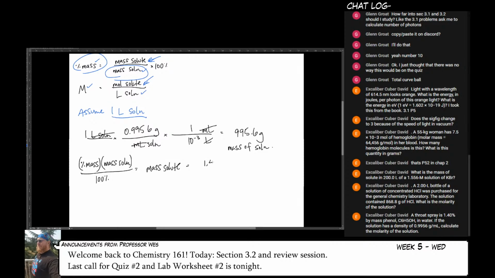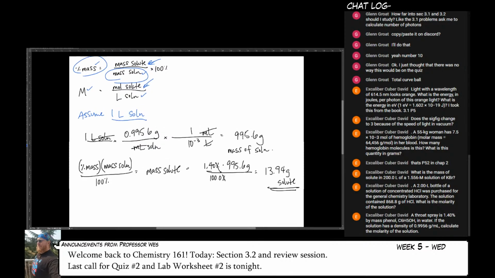It's 1.40% times the mass of the solution over 100%. And so that will be this times 0.0140. And I get 13.94 grams of solute, which is phenol.